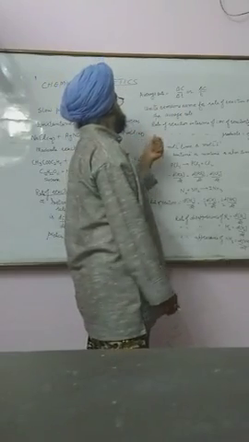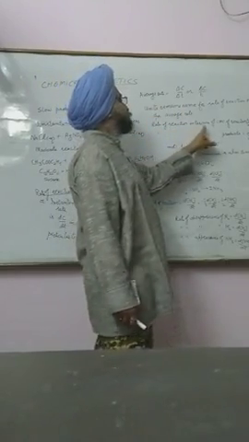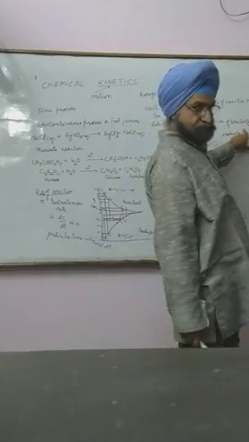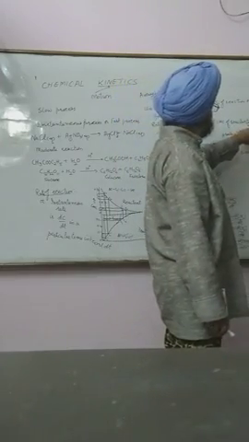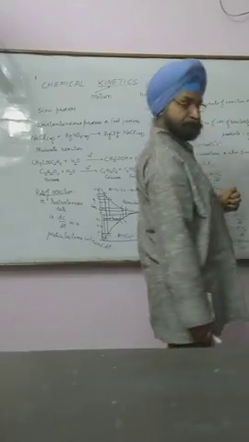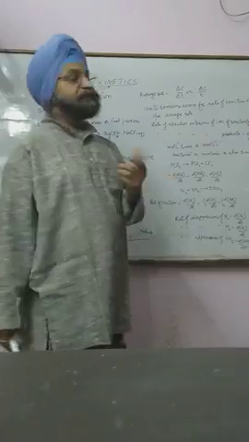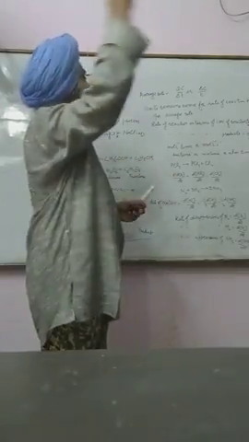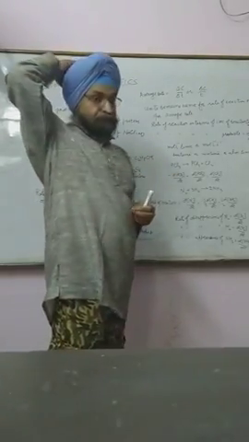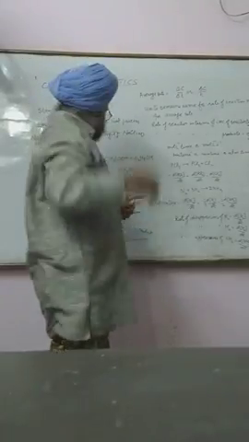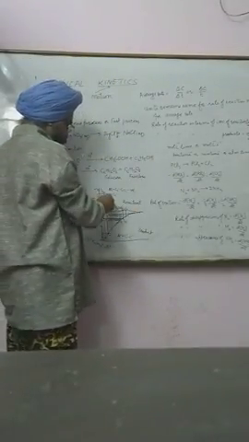Now, how to express the rate of reaction in terms of the concentration of reactants? Minus dC by dt. A negative sign is used. It is generally asked in the examination why the negative sign is used to express the rate of reaction in terms of concentration of reactant.